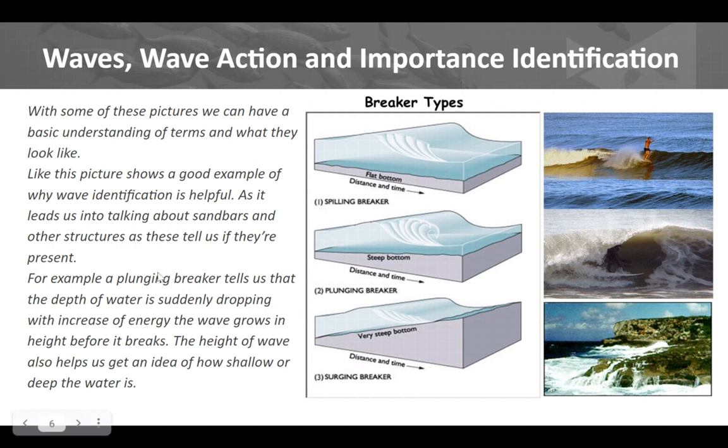So, as I've put here, your plunging tells us about the depth of the water. It's suddenly dropping off, which increases the energy of a wave, so it grows in height before it breaks, and that wave height gives you an idea of how shallow or deep the water is.